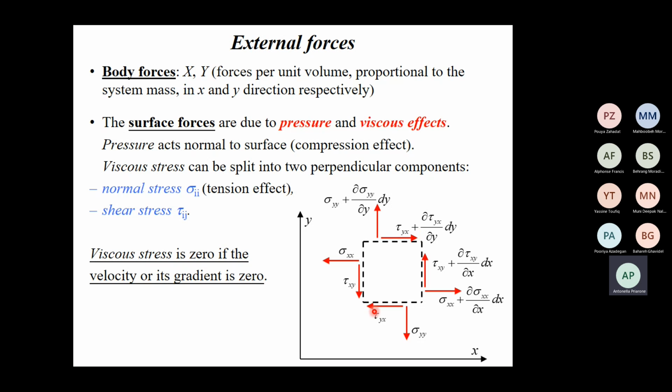And okay, the first subscript y identifies the normal direction to the surface that I'm considering. So for example, look at this arrow, tau yx. Y means that this shear stress is applied to a surface that has y as normal direction, and this shear stress acts along x direction, that is the second subscript.